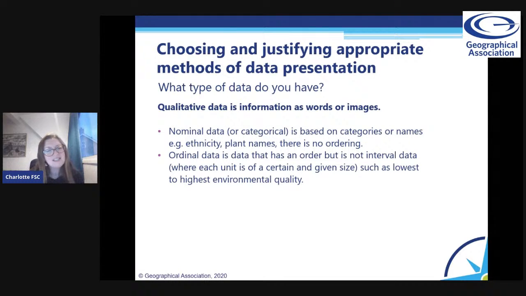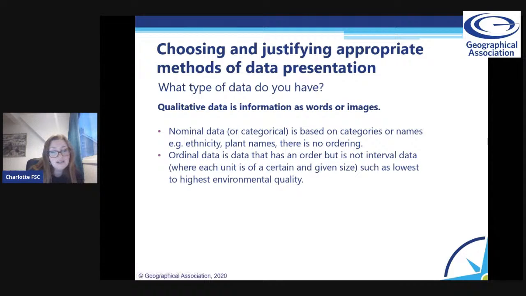However, there's no set amount of environmental quality between something you give a level 2 or something you give a level 3. There's no set amount between those 2 points on the scale. We just know that the area with a level 3 has a better environment than the area with a level 2. So that's ordinal data.